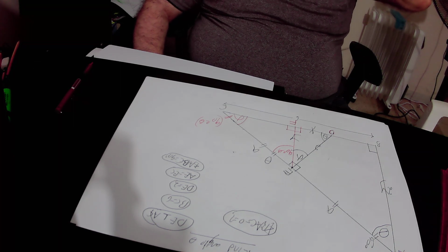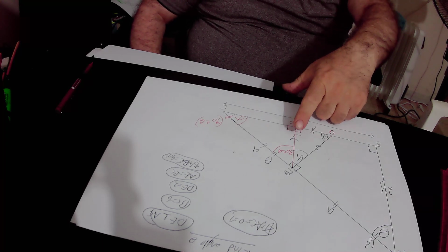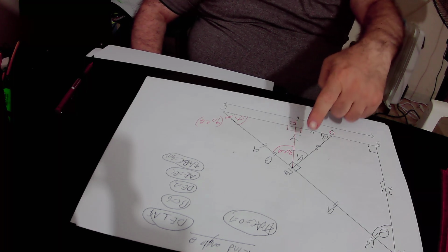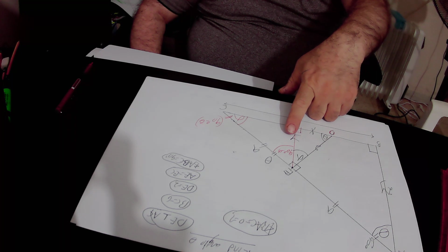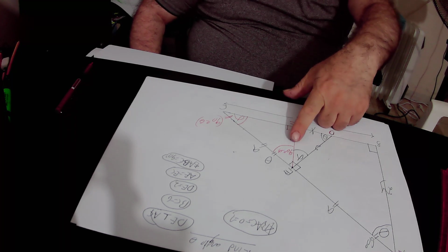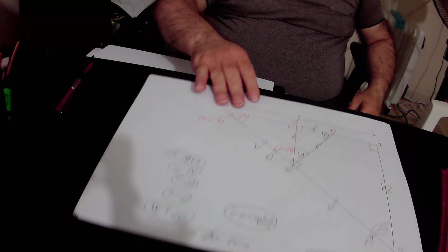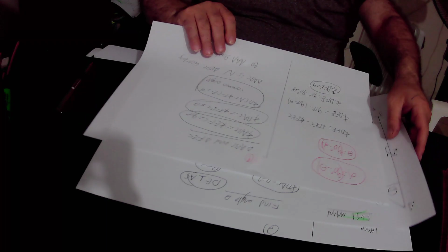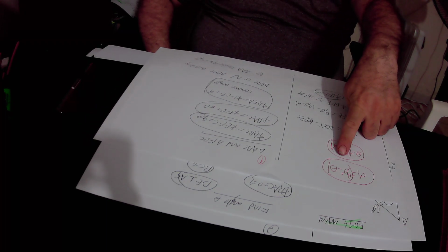So in the next step, if this angle equals alpha, this angle must be equal to 90 degrees minus alpha. In the right triangle APC, the sum of the angles must be equal to 180 degrees. But here we already found out that alpha equals 90 degrees minus theta.